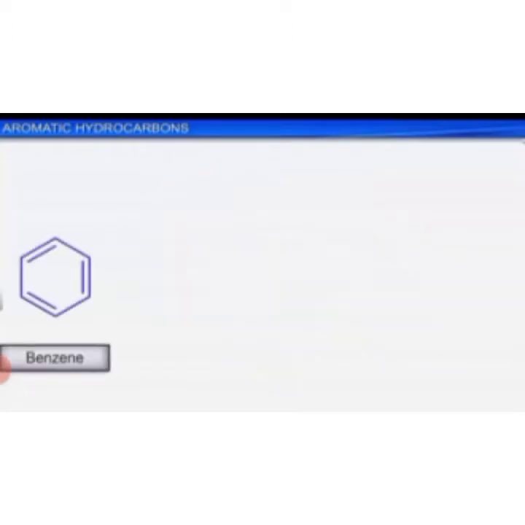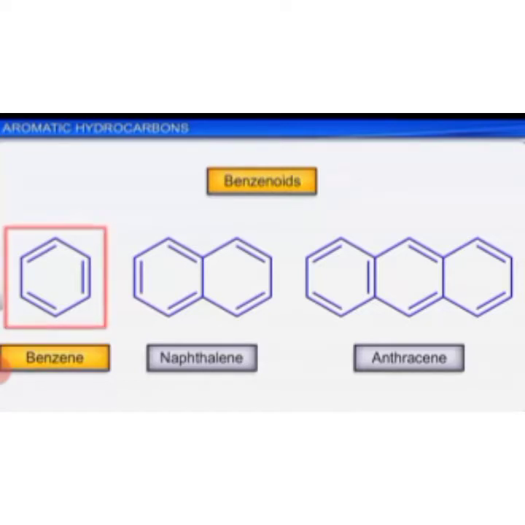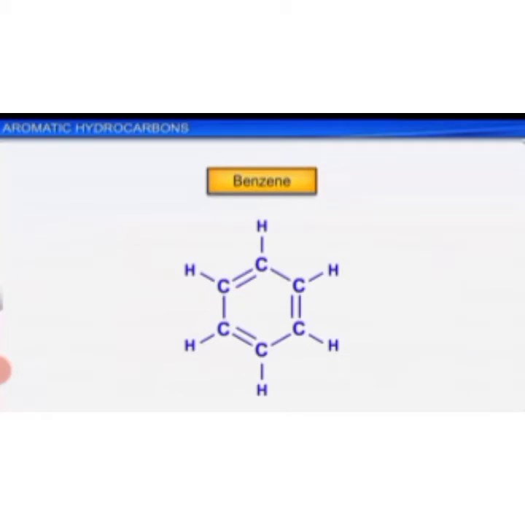Aromatic hydrocarbons containing isolated or one or more fused benzene rings are known as benzenoid aromatic hydrocarbons. Benzene is the parent compound in benzenoids. It is an aromatic hydrocarbon with 6 carbon-hydrogen bonds arranged in a hexagon.